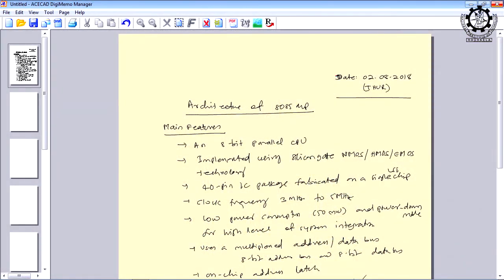Not only microprocessor 8085, the same principle also applies to 8086 and 8051 or any microprocessor of any manufacturer or of any design, right. So, these are the basic characteristics of all microprocessors.